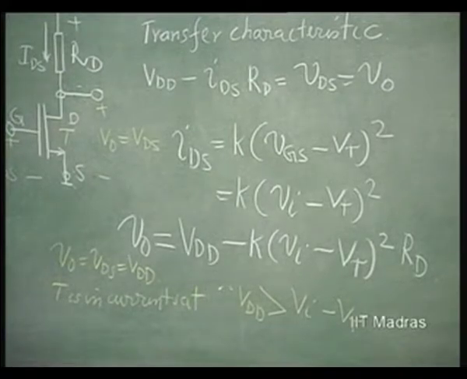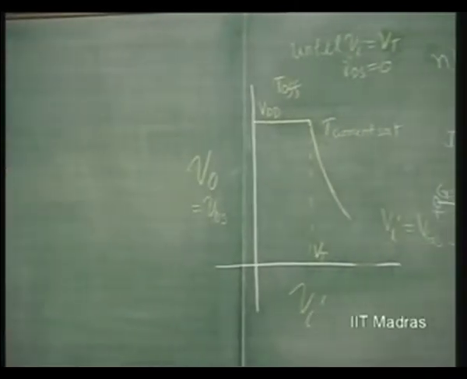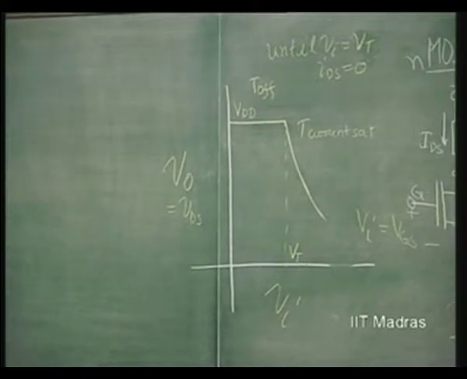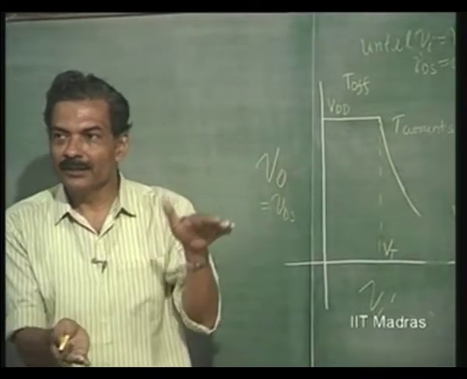Square law means what? y is equal to x squared, that is a parabola. And up to what point will it go on like this until it enters triode region, because now this VDS is going on decreasing.